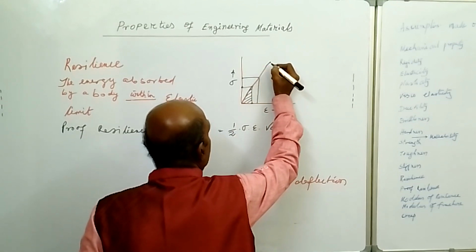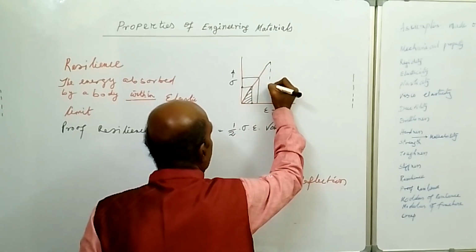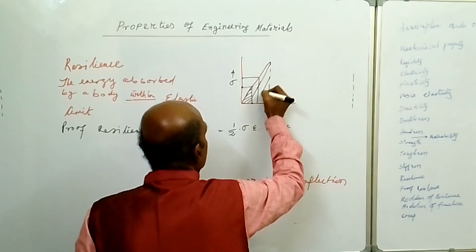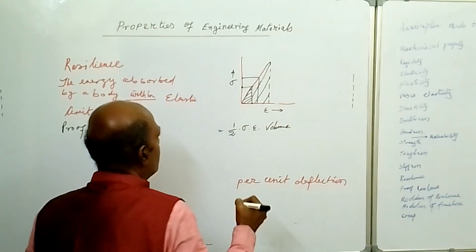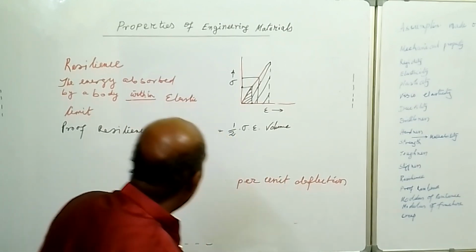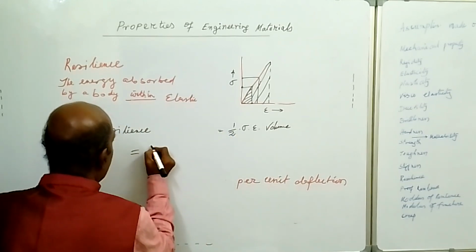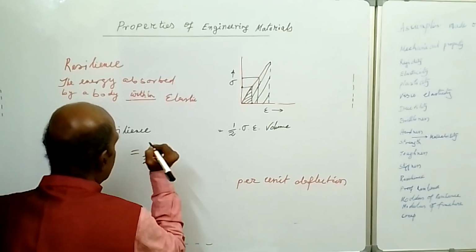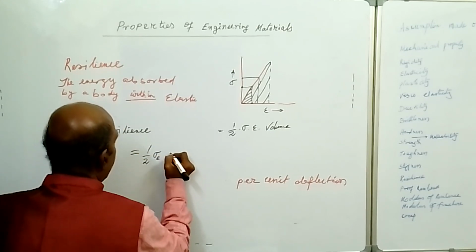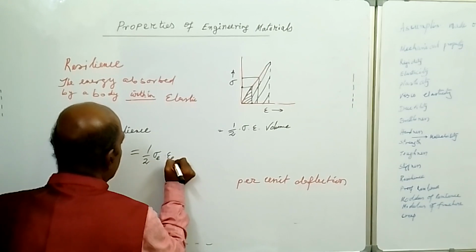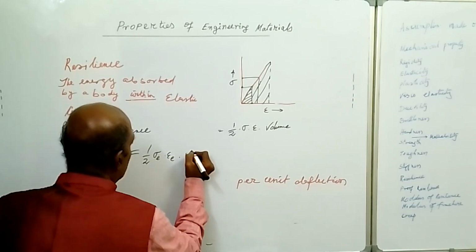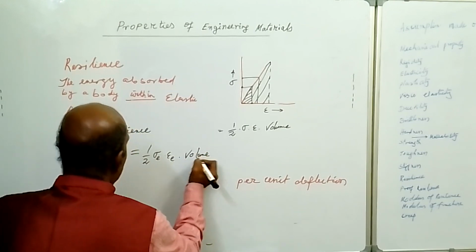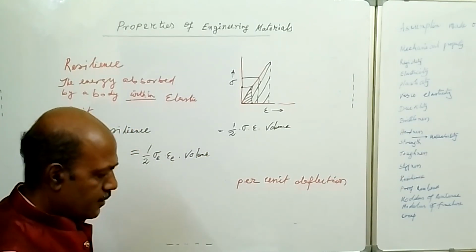Say this is the elastic limit; this is the energy absorbed by the body up to the elastic limit. This whole area per unit volume is written as half into sigma E, the elastic limit stress, and epsilon E, the strain at elastic limit, into the volume of the body. So this is the proof resilience.